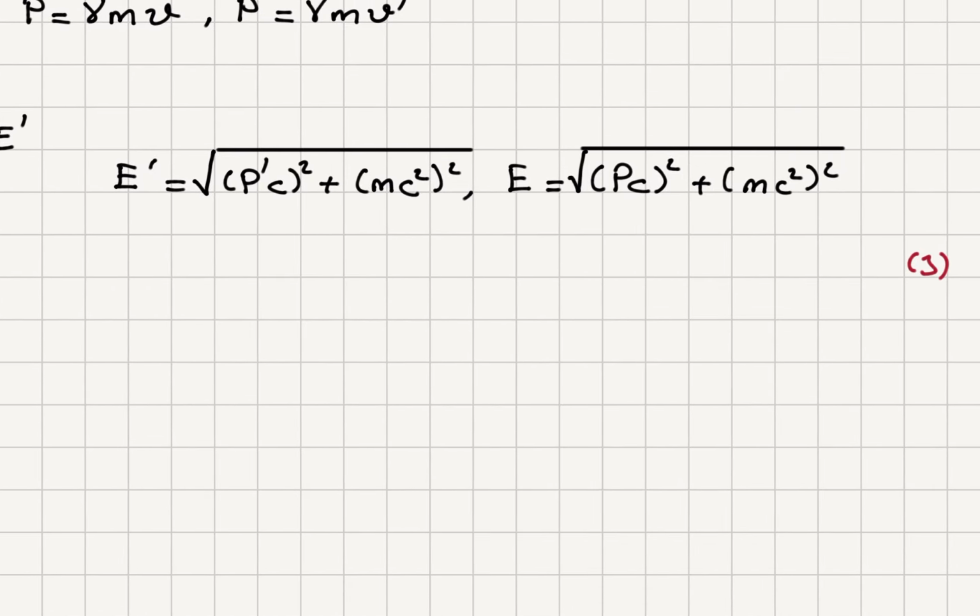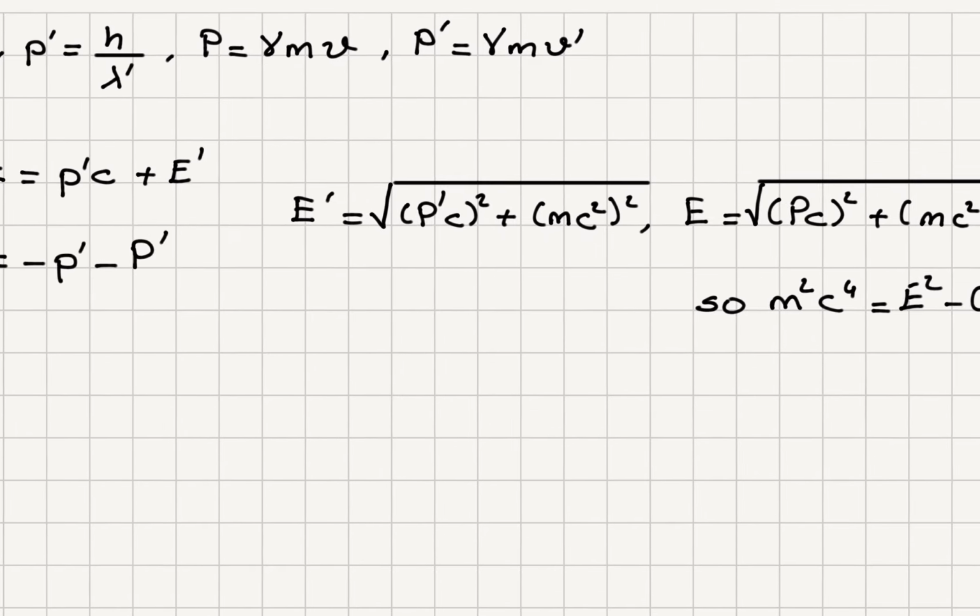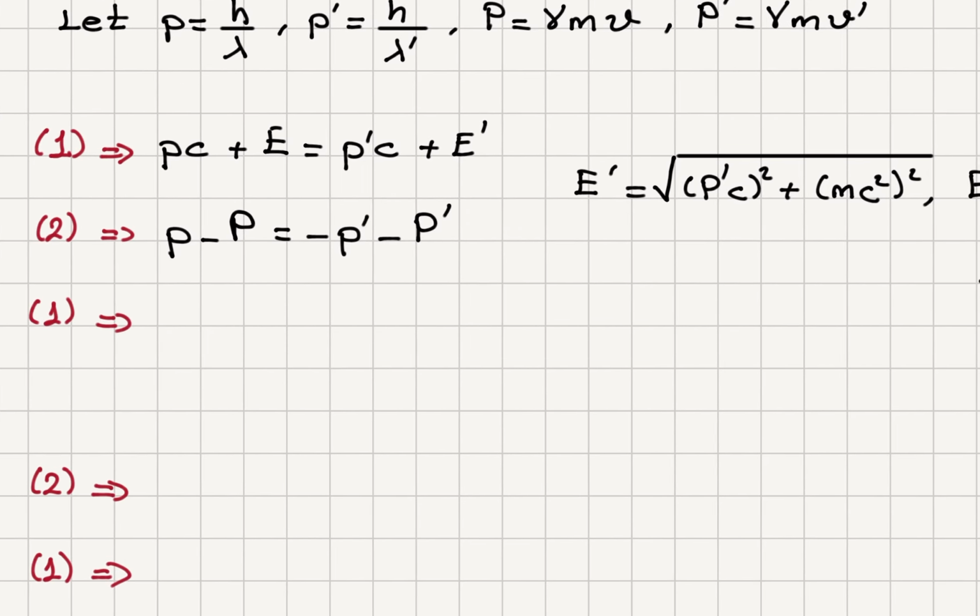Actually from this equation here, we can pull out m squared c to the fourth power. So m squared c to the fourth power is equal to capital E squared minus capital Pc squared. This is what I'm going to call equation number 3. So let's keep that in mind. And going back to the energy conservation equation, pc plus capital E is equal to p prime c plus capital E prime.